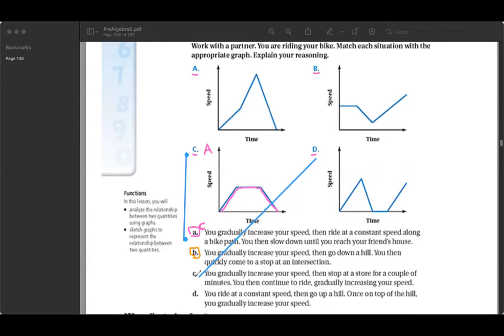But then it does make sense why it would be A for D.